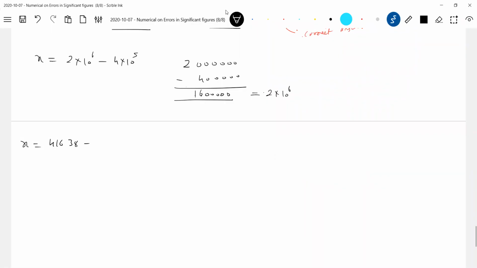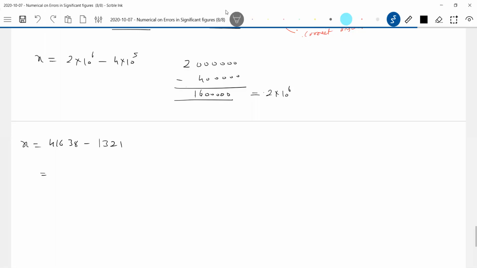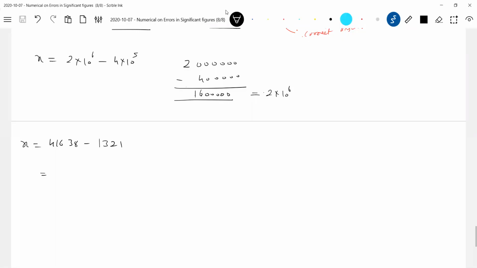41638 minus 1321. I think let me use the calculator and give this. 41638 minus 1321 is 40317.